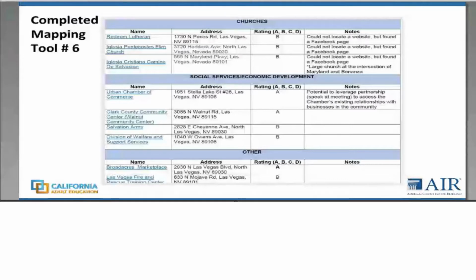An A meant that it was a valuable asset that they could leverage. B meant that it could be an asset. C meant that it would take a lot of work to make this an asset. And D meant that it was not an asset for us as an organization, for you as a consortia, but it may be for someone else or for something else, just not for our work right now.